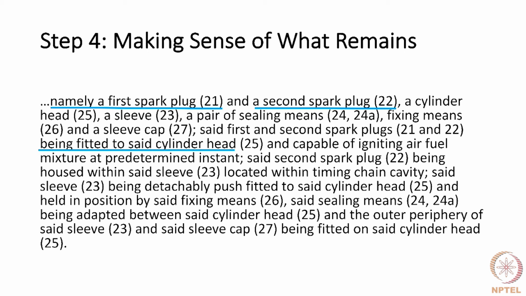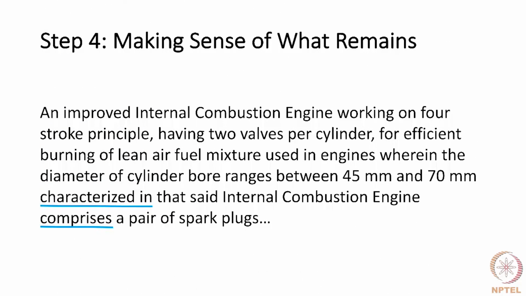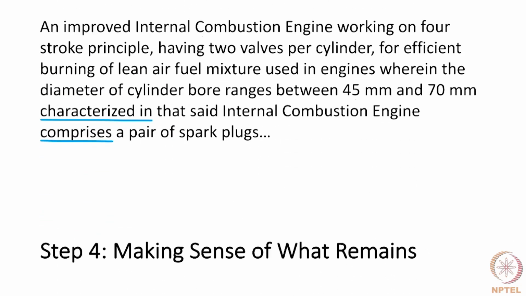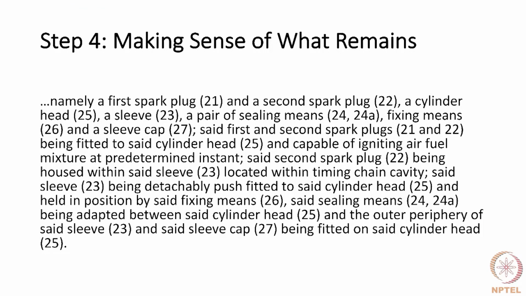Now, this part of the claim continues from the first part that we saw. We had already seen the first part here. It ends with comprises of a pair of spark plugs, and this part starts. Now, in this part, what is being done is a detailed explanation of the phrase appropriately placed.